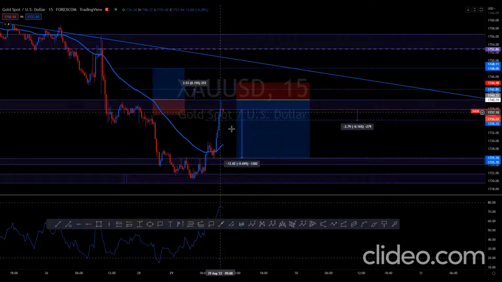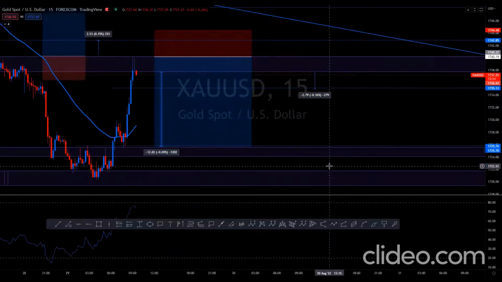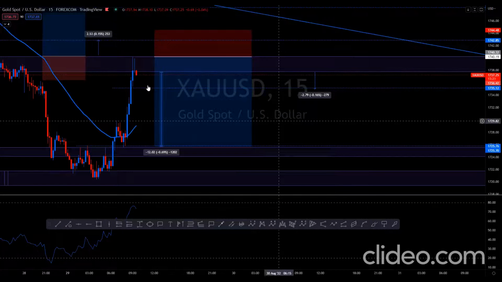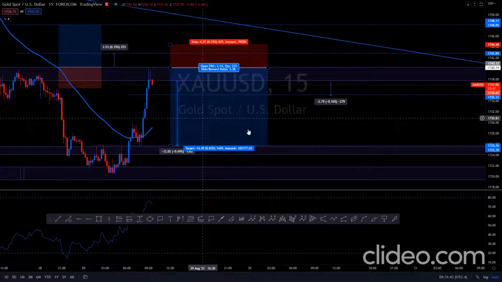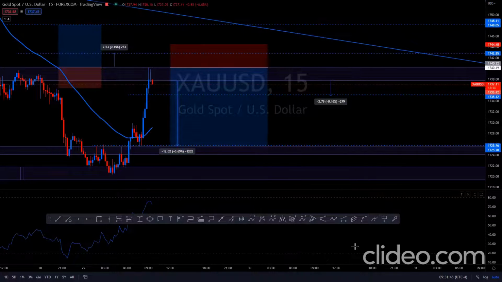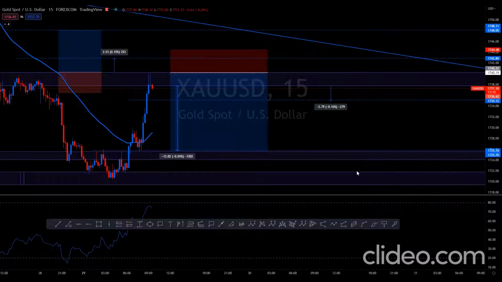That's a possibility that price could be wiping out this structure and then maybe pulling back and then maybe pushing up too. But it looks like it's pushing down. Be right back.